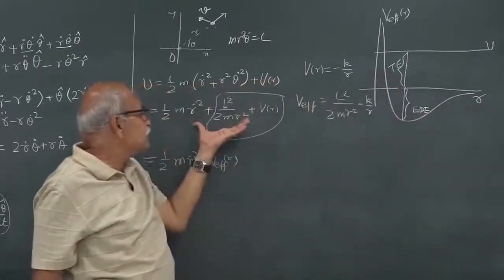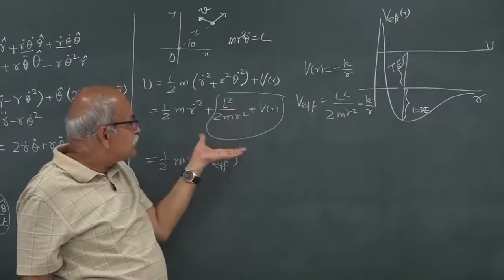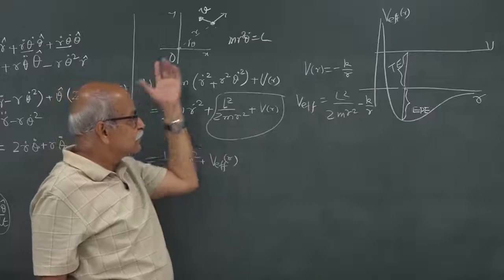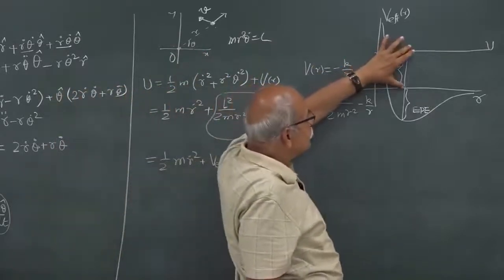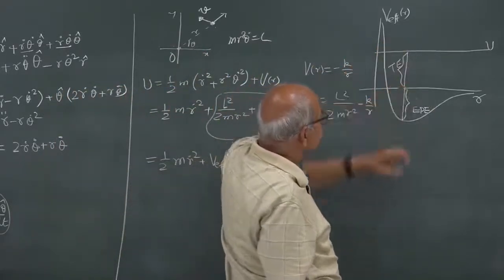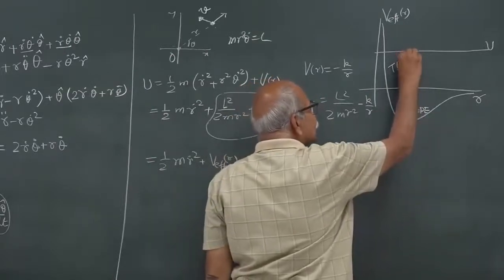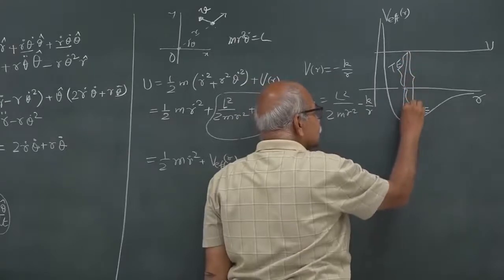So, if you subtract this effective potential energy from this total energy, so this is the total energy, from this you subtract this energy.